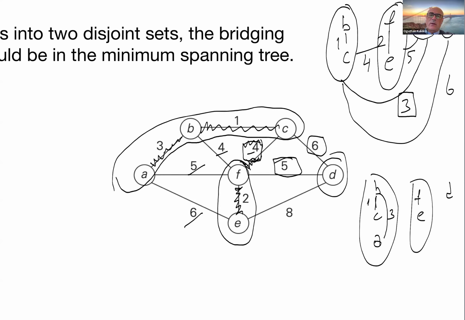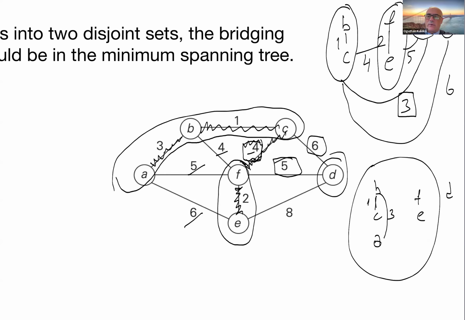By the way, you can choose FC or FB. Remember, it was the same with Prim's algorithm. So I will be just connecting these two guys. Once I connect these two guys, now A, B, C, and FE are connected. In F and E, there is 2. Let's say I made a connection between F and C by 4, and this is done.